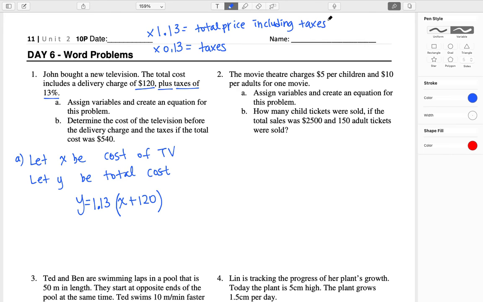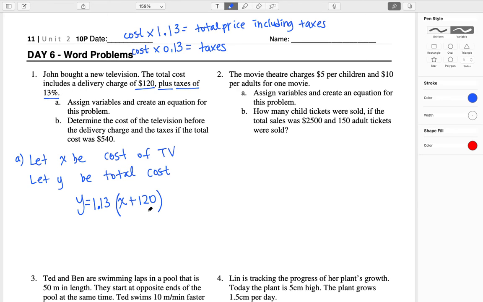So if you are at a grocery store, let's say, and you want to figure out how much taxes you're paying, just taxes, you're going to multiply the cost by 0.13. But if you want to figure out your total cost, including all the tax, then you're going to multiply by 1.13. So there you have it.